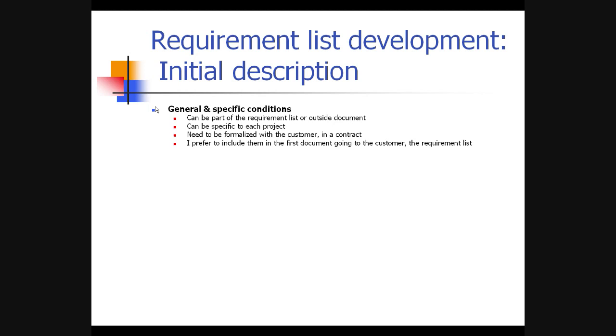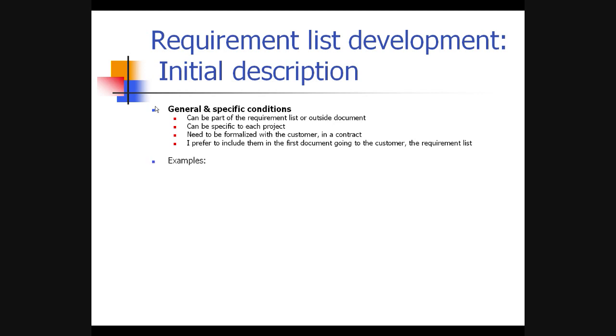From the start you are protected. From the first document you are sending to the customer, you have your general and specific condition in place, and if something doesn't work for the customer, you can discuss it, find a solution, find a deal, and change them for the next version, but at least you are good to go.